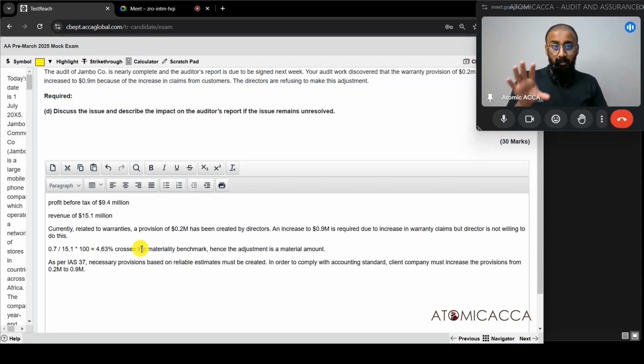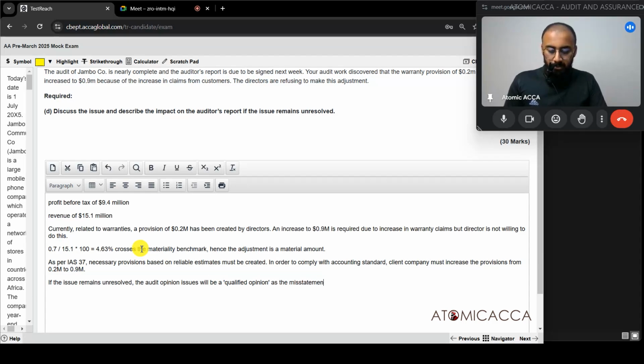Now, what was the main question over here? If the issue remains unresolved, what will be the impact on the audit report? If the issue remains unresolved, the audit opinion issued will be a qualified opinion, as the misstatement is material but not pervasive.